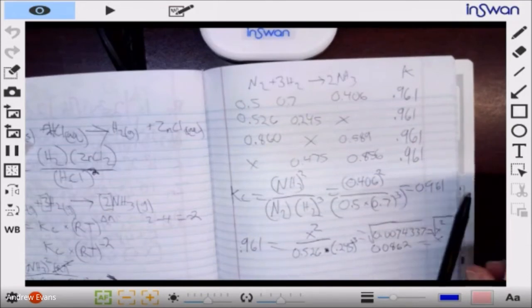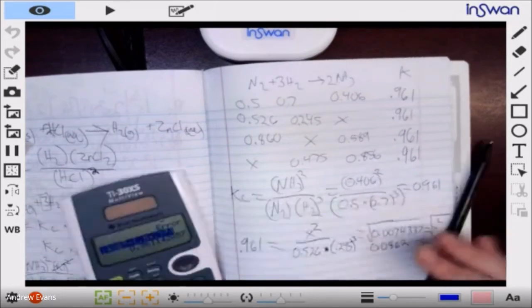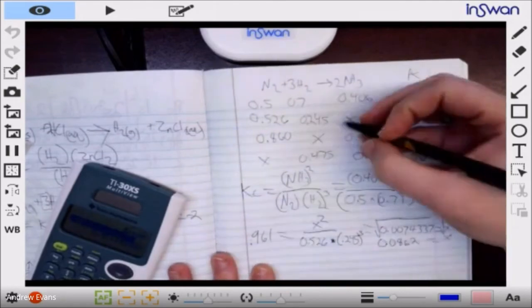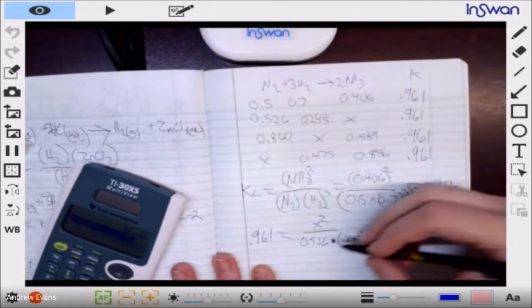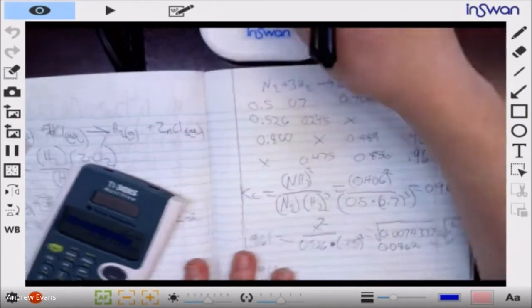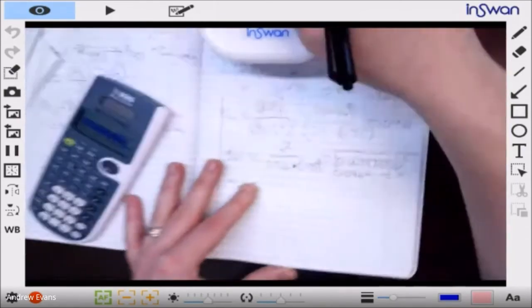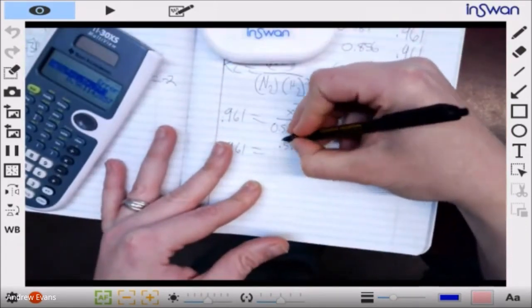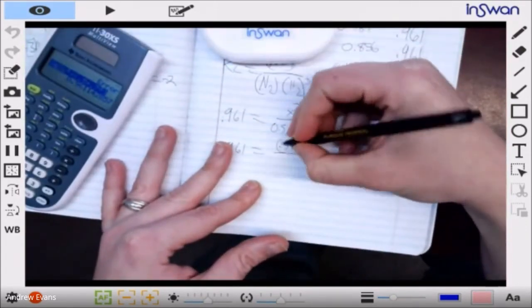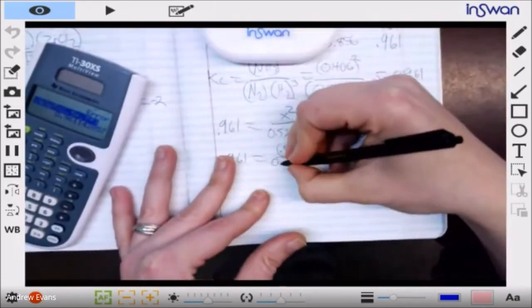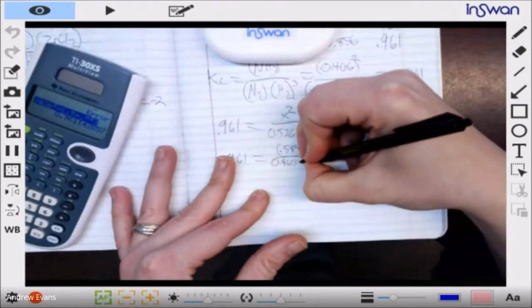Okay, now doing it again. Now we have to solve for a different x. 0.961 equals 0.589 squared over 0.860 times x cubed.